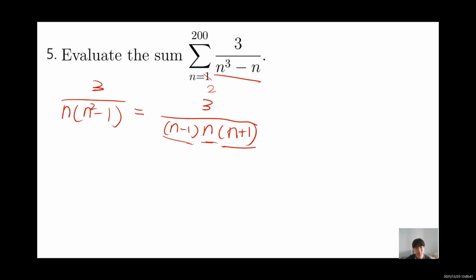Don't be afraid of it. Just do what we can do. Using partial fraction, a over n minus 1, b over n, plus c over n plus 1. All right, then we can calculate and get the a, b, c.